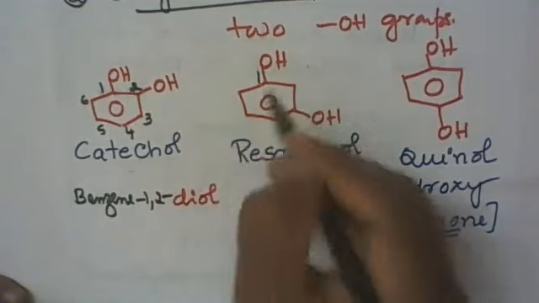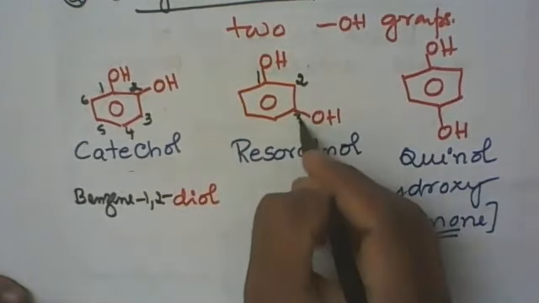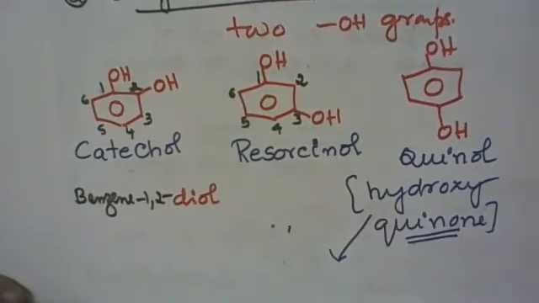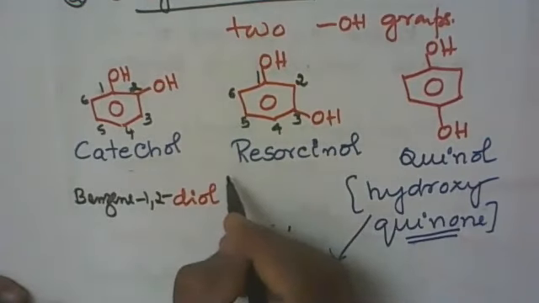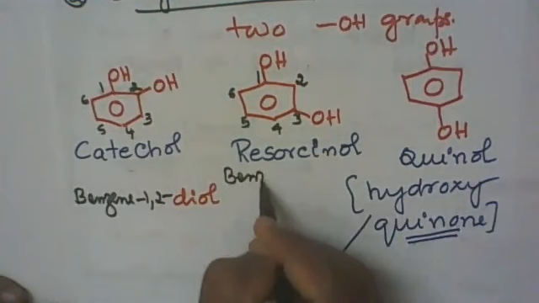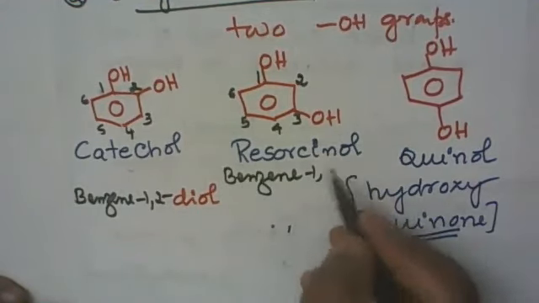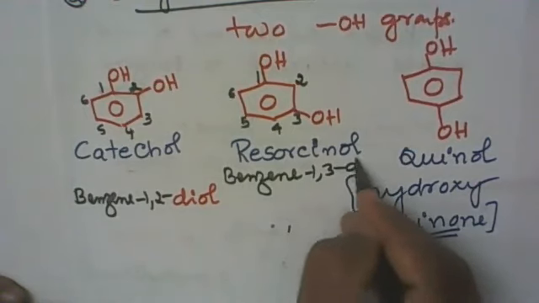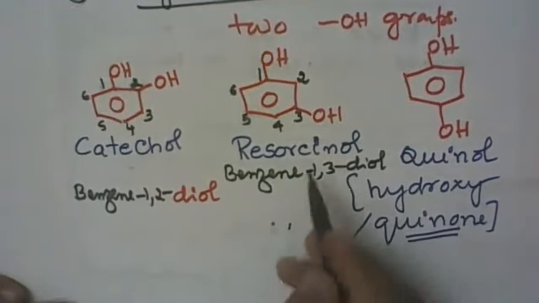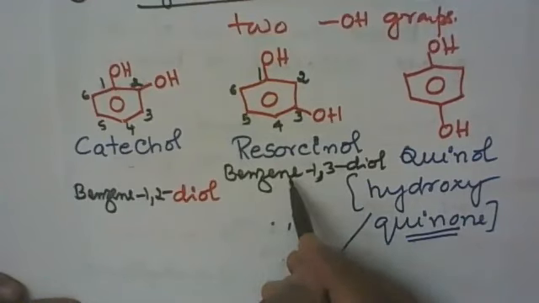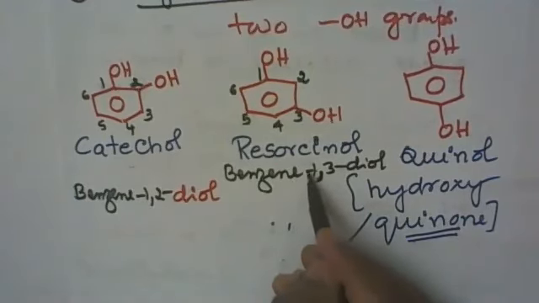Now what is this? Carbon number 1, carbon number 2, carbon number 3, carbon number 4, carbon number 5, carbon number 6. This should be called benzene-1,3-diol. Remember, between the numbers there should be a comma, and between the letters and the number there should be a hyphen.